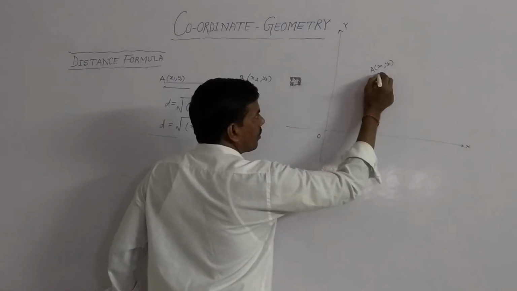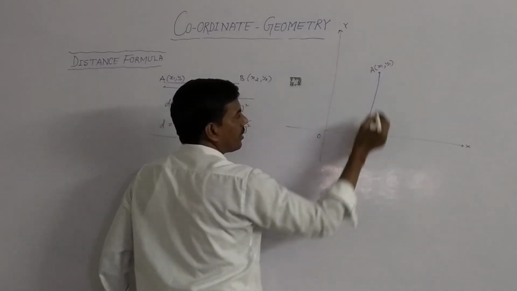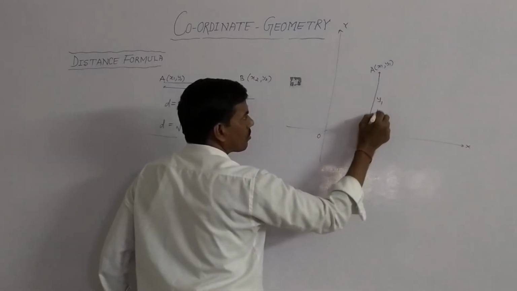So draw the perpendicular from point A to the x-axis, and this one becomes y1.